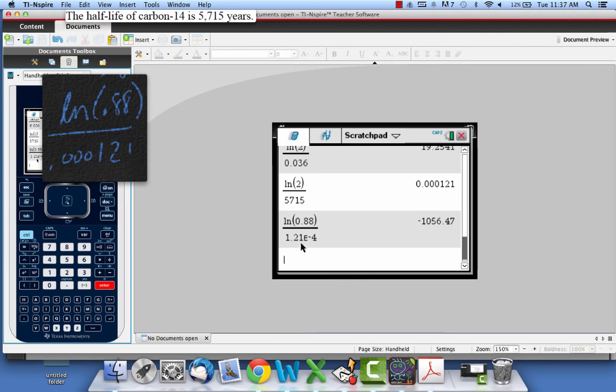Oh, I forgot the negative. So if I'd put the negative, this would be positive. So 1,056 and a half years it's been.